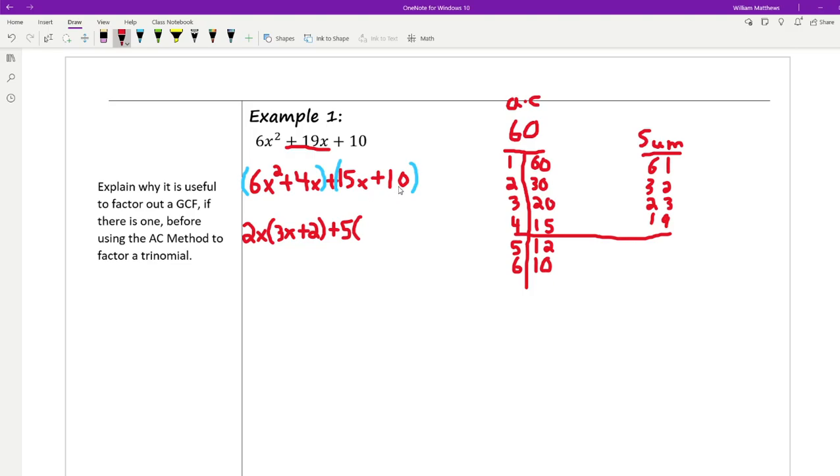So if I divide each term by 5, I'm left with 3x, and 10 divided by 5 is a positive 2. Now, one good sign that you are doing this correctly is you will have parentheses with the exact same expression or value on the inside.